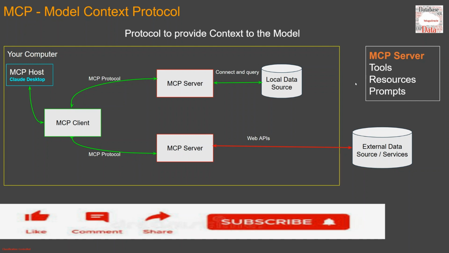Tools are basically the actions the client can invoke, and resources are basically what data or file system is available, mostly read-only, or it can be write as well. But you need to be very careful when you provide access to the LLM. Then you have prompts, which come from the desktop to the server.